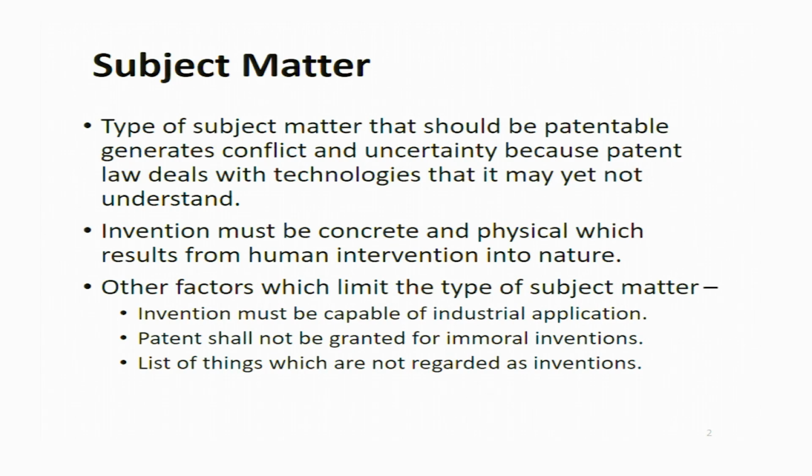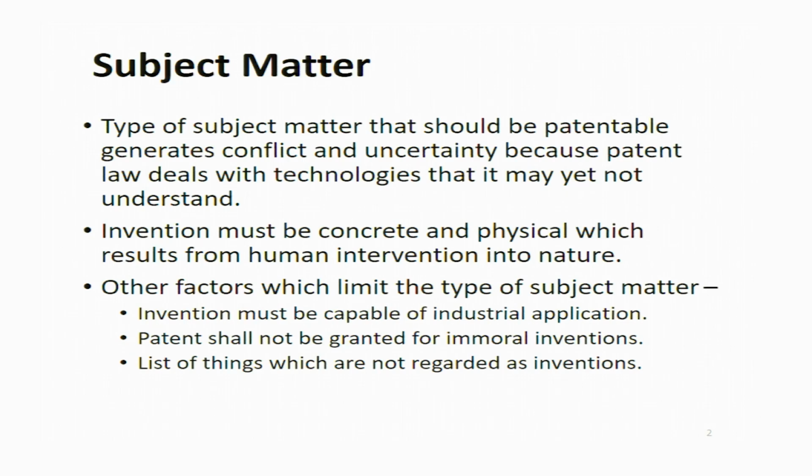First, we have already discussed the invention must be capable of industrial application. This is a very serious limitation on the things which are patentable. We have discussed this point. Second, patent shall not be granted on immoral inventions. The inventions, the working of which will lead to immorality, such inventions cannot be granted patent. We will talk about it in this session.